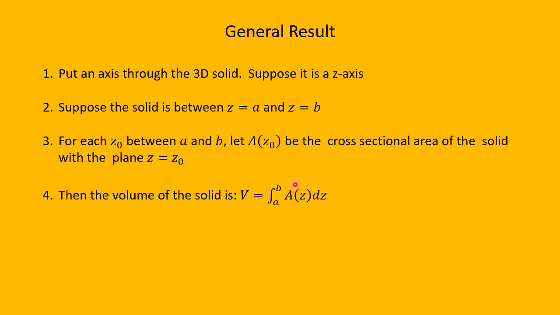So down here, A of z is a cross-sectional area located at the number z on that axis. So our general formula for volumes in terms of cross-sectional areas is the volume is the integral from a to b, cross-sectional area A of z dz.